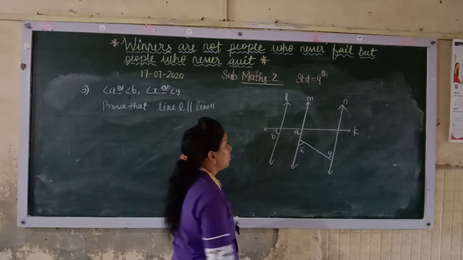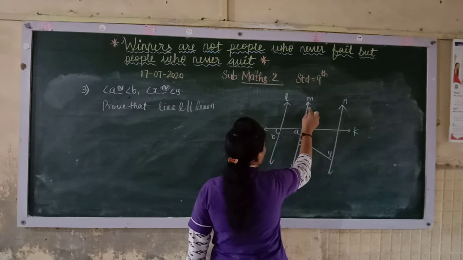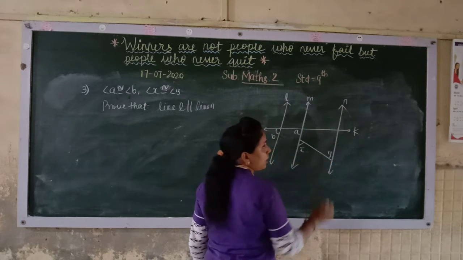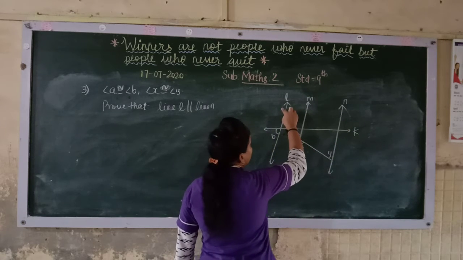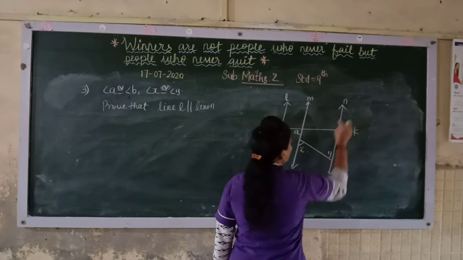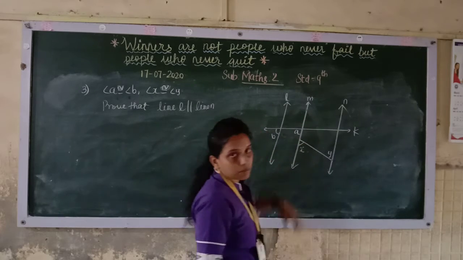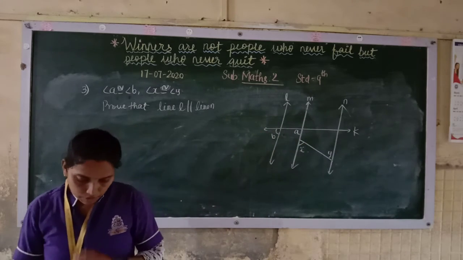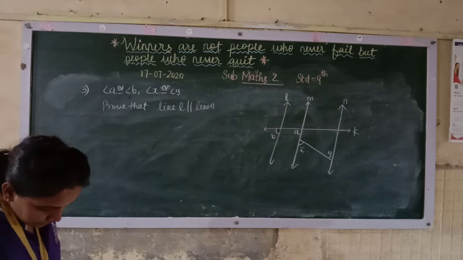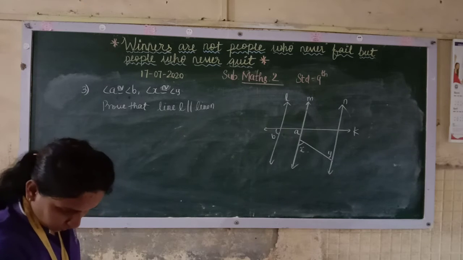So you will get L is parallel to M, M is parallel to N. So ultimately you will get that L is parallel to N because M is common to both. This way you can show that they are parallel.